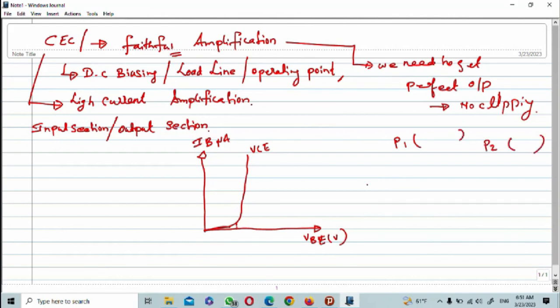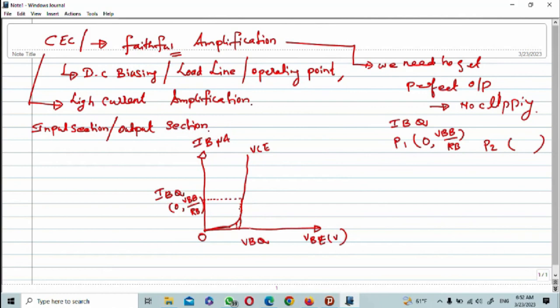For point 1, we take IBQ and VBEQ. The starting point is 0, and the other is VBB by RB, so 0 comma VBB by RB.